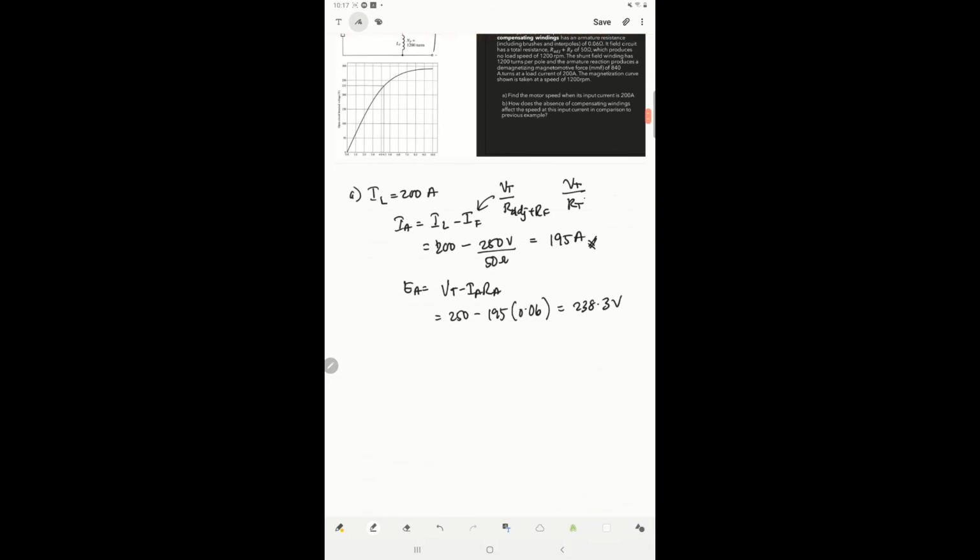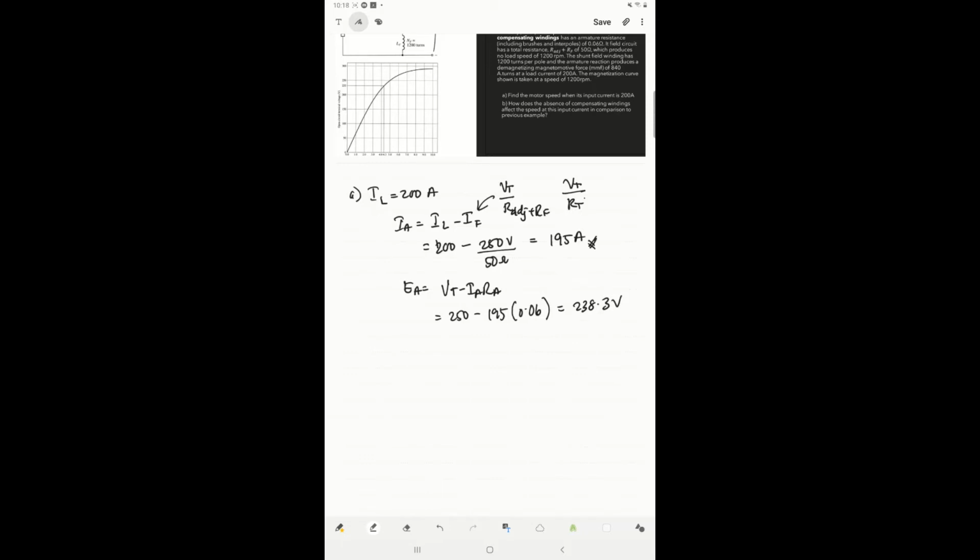Now, when there is an armature reaction, we know that the amount of flux is much lesser. So how can this be interpreted in terms of the speed that will change?